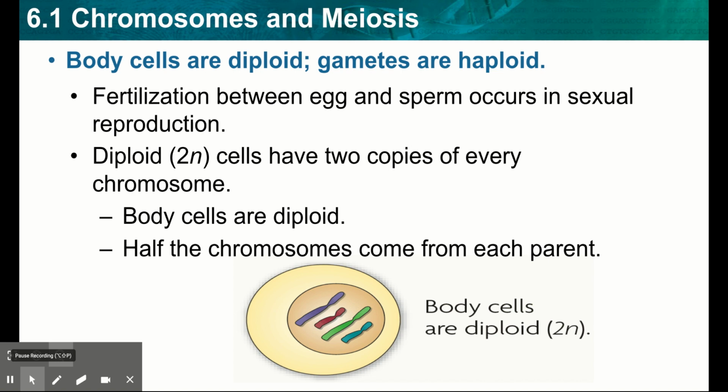In humans, the diploid chromosome number is 46. Body cells are diploid because if you think about it, 23 pairs, 23 plus 23 is going to be 46 total.